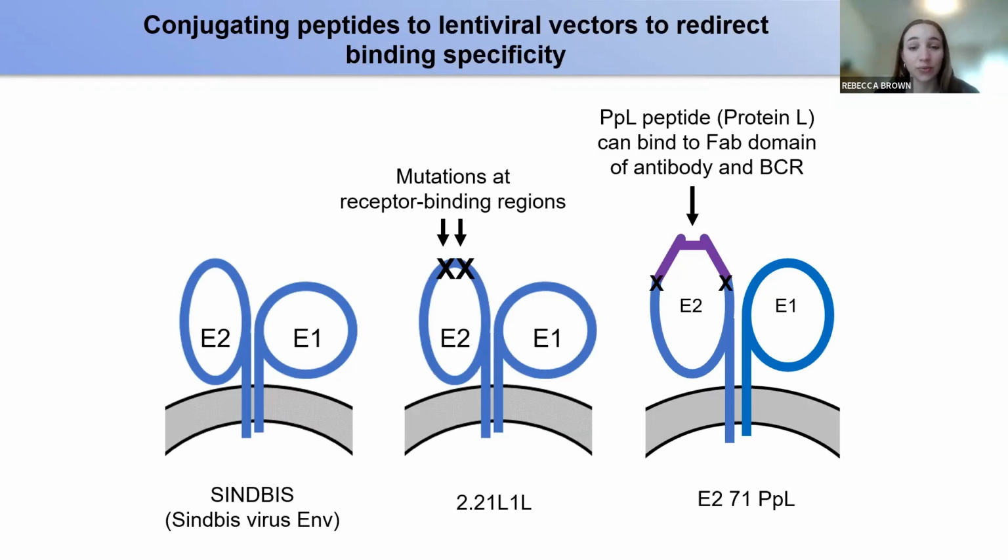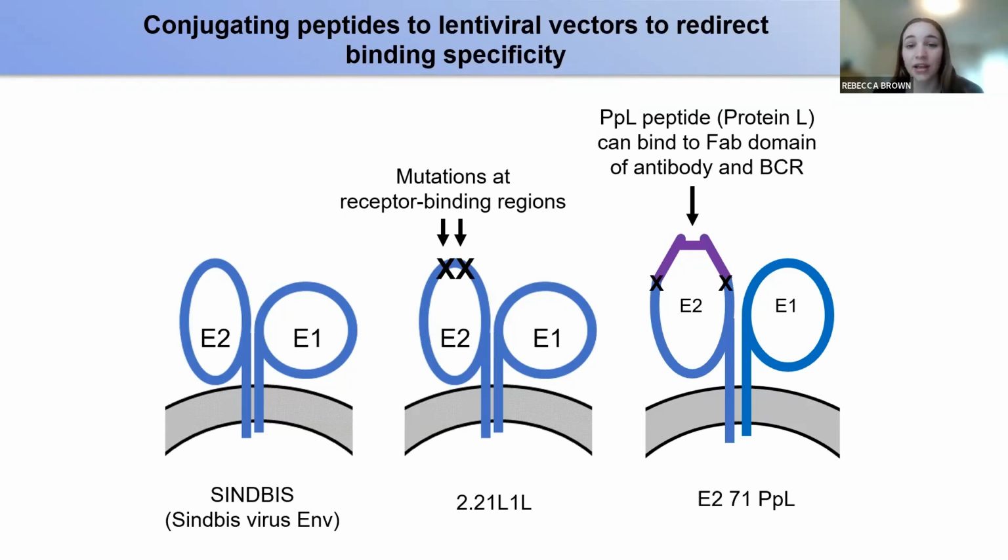So we can change what these viral vectors can bind to without changing their ability to fuse in the cells. They previously developed the construct 2.2 1L1L, in which the receptor binding region of the E2 protein was mutated. Thus, it has none of its original tropism, cannot bind to cells, and thus isn't very infectious and won't transduce cells.